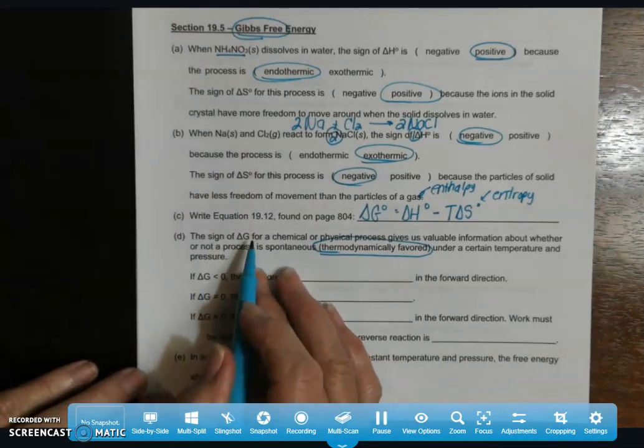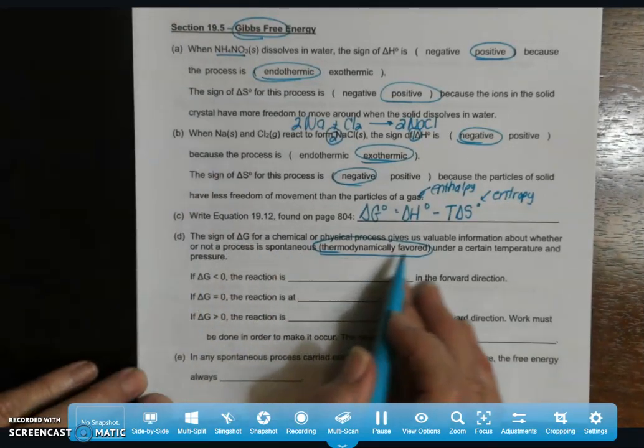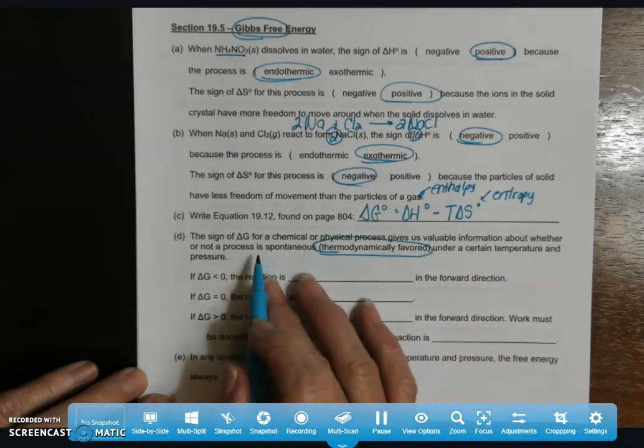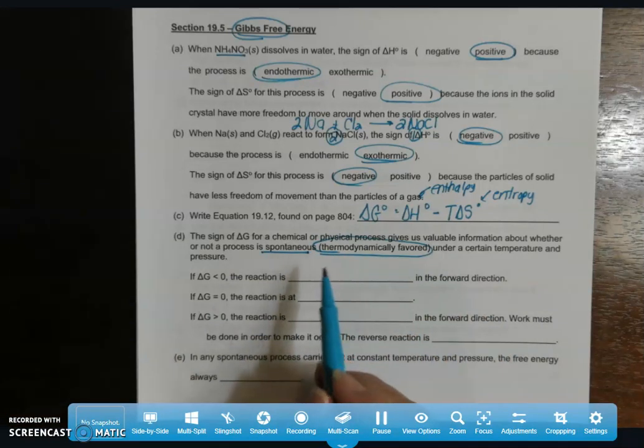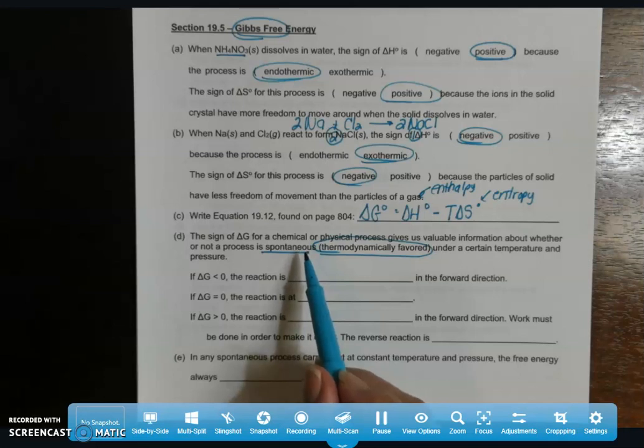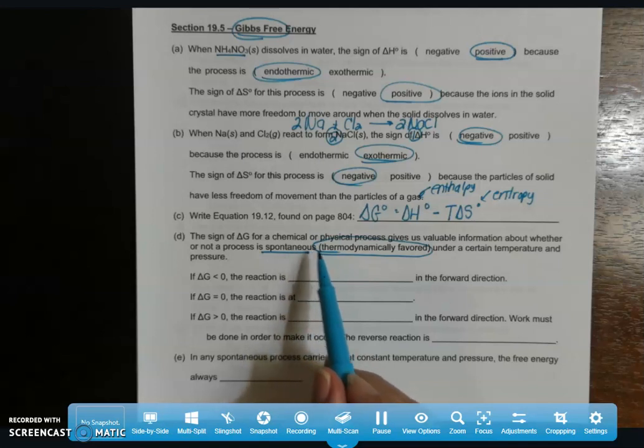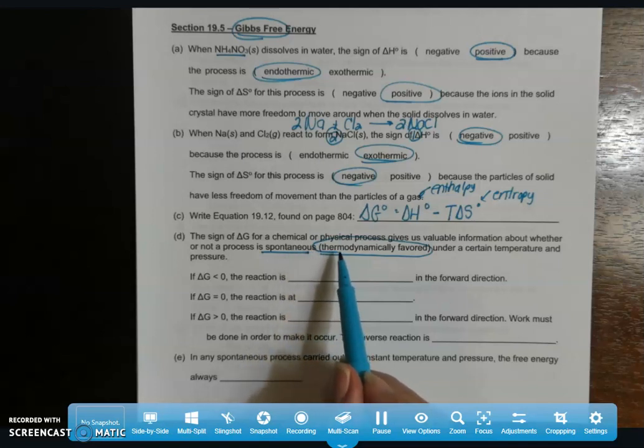The sign of delta G gives us valuable information about whether or not a process is spontaneous. It was interesting, I was doing some reading about students and the word spontaneous. A lot of students think that spontaneous means it happens really quick, it happens right away. That is not what we're talking about here. What we're really saying is, will the reaction go unassisted or not?